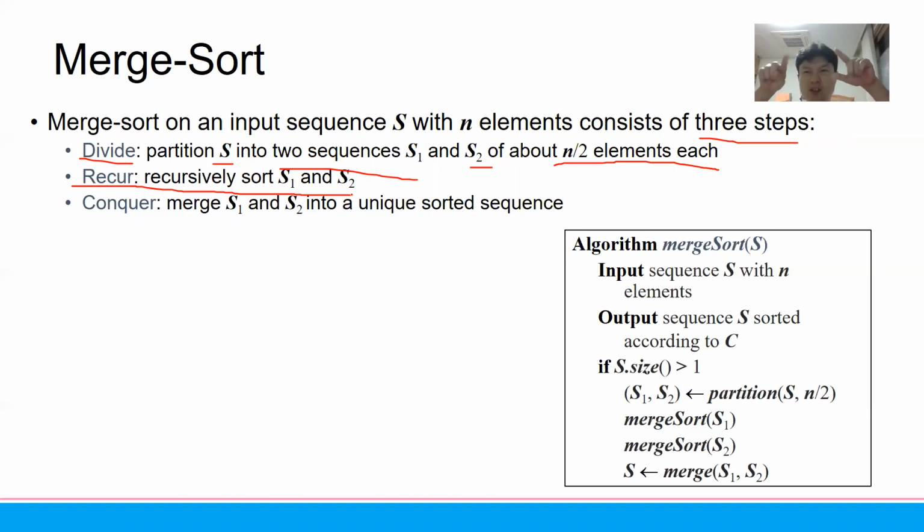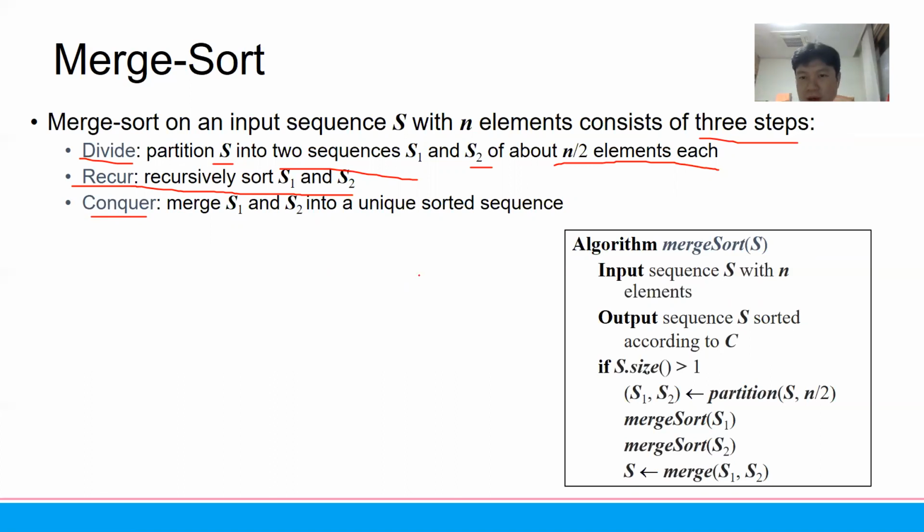If you just keep dividing, then you sort from the smallest element. After you have sorted the smallest elements, you will conquer, in which you want to combine. So you want to merge.